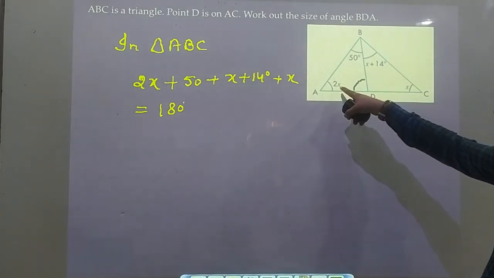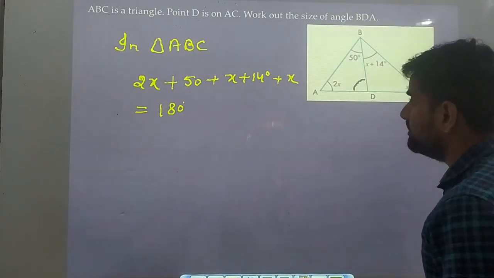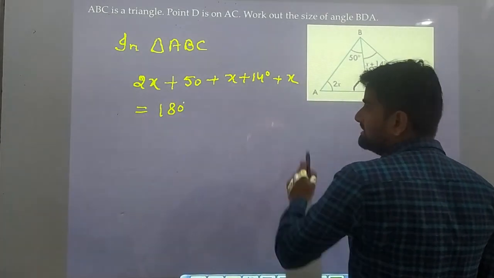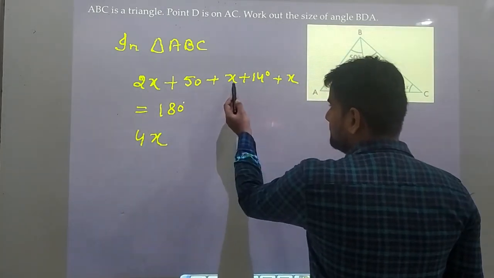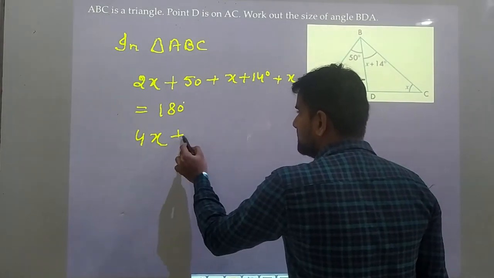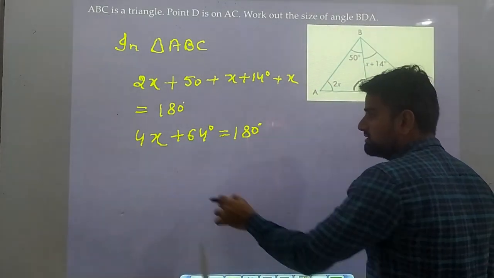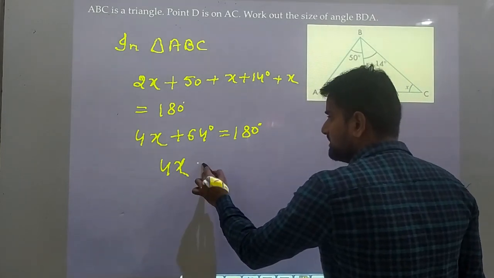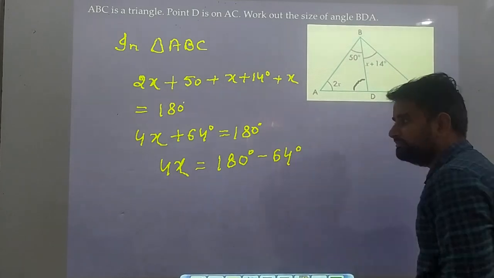If I find the value of x, I will find this angle. So here 2x plus x is 3x, 3x plus x is 4x. 50 plus 14 is 64 degrees, equal to 180 degrees. So that means 4x is equal to 180 degrees minus 64 degrees.